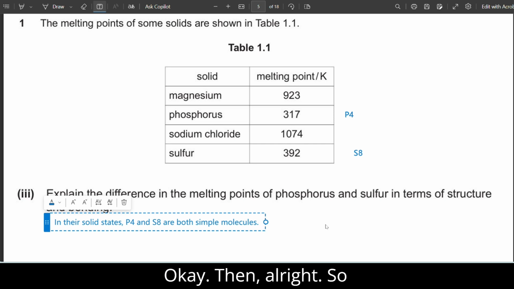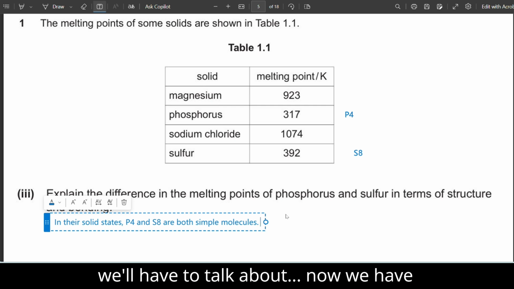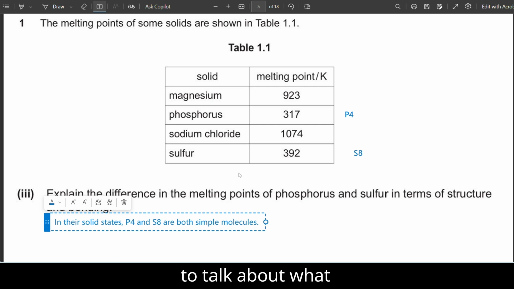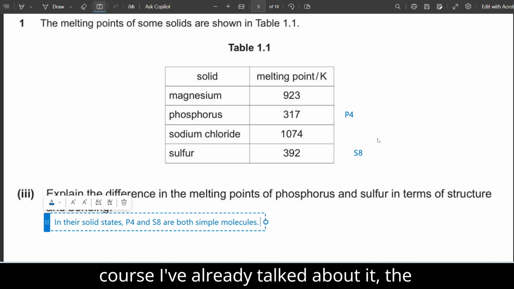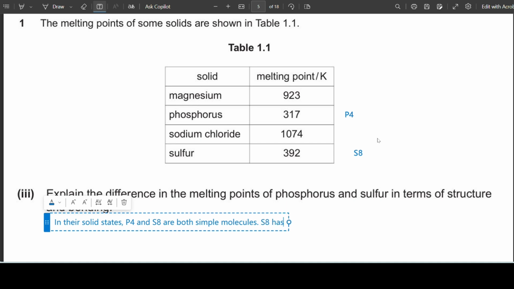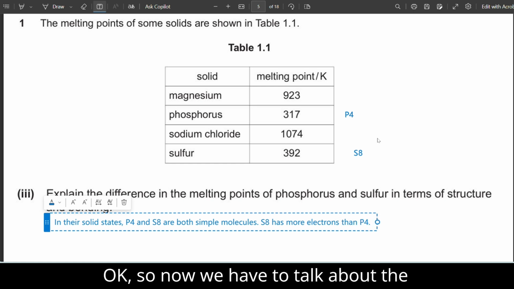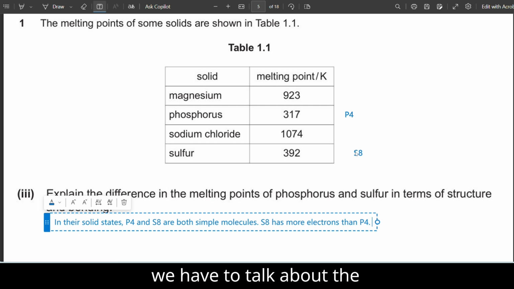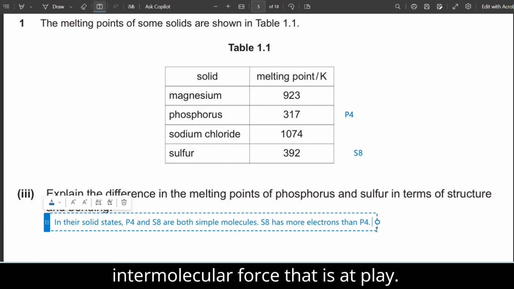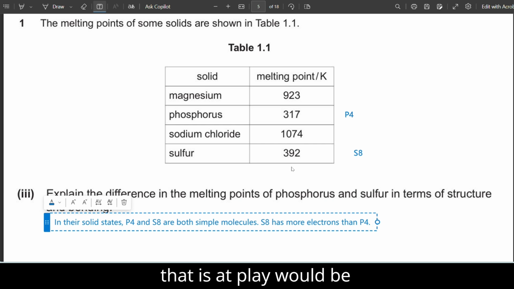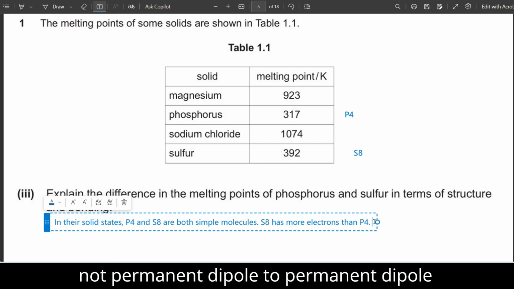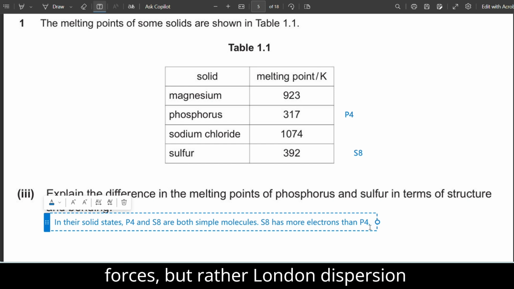Then we'll have to talk about what is different between S8 and P4. Of course I've already talked about it, the number of electrons. Now we have to talk about the intermolecular force that is at play. In this case, the intermolecular force would not be permanent dipole to permanent dipole forces, but rather London dispersion forces.